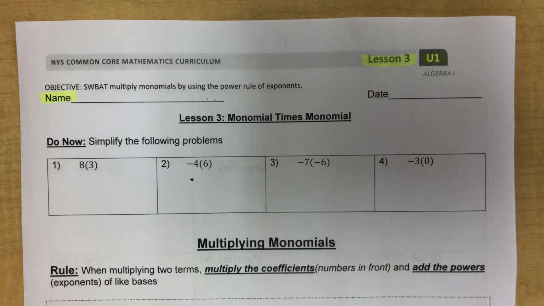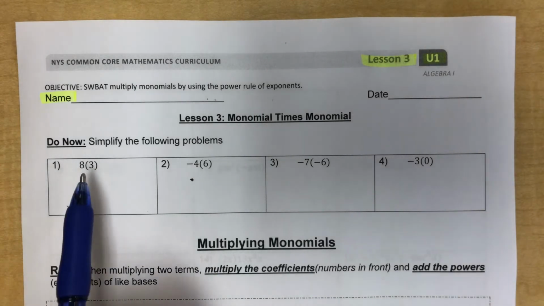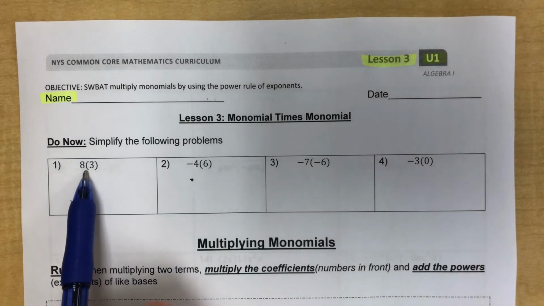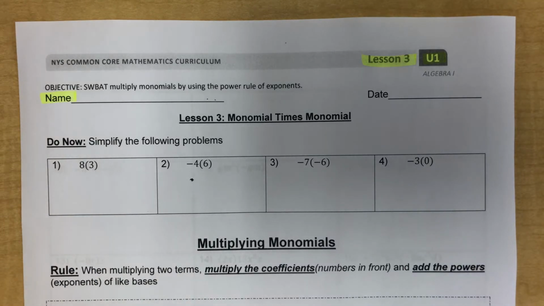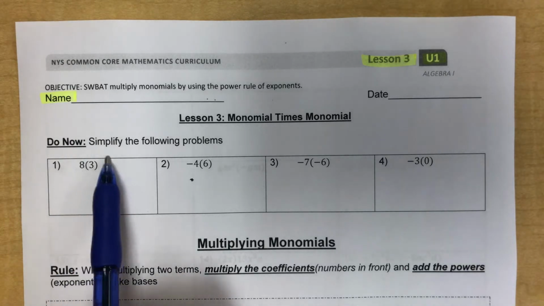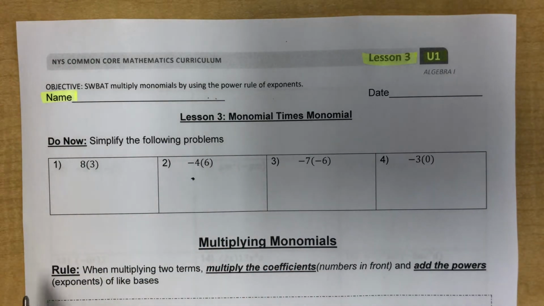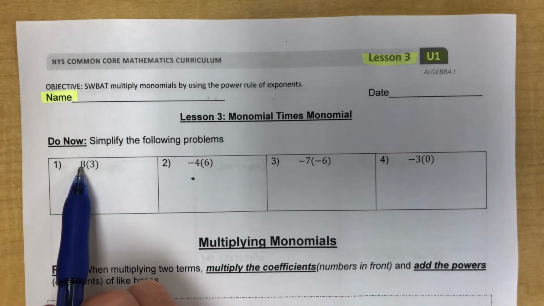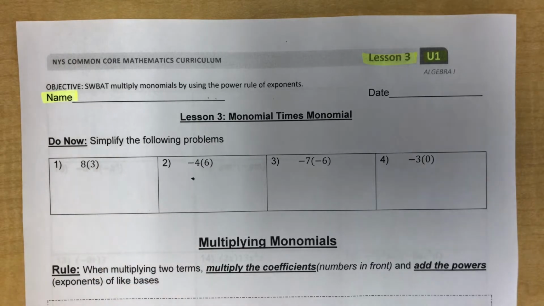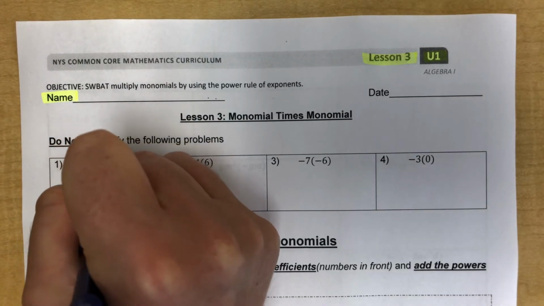Okay, so as I look here at the do now, it says simplify the following problems. If I remember from the last few lessons, anytime I see parentheses, I know that represents multiplication. So you can either do this in your head, you can feel free to use a calculator, whatever you got to do, but it's asking what's 8 times 3? 8 times 3 is 24.